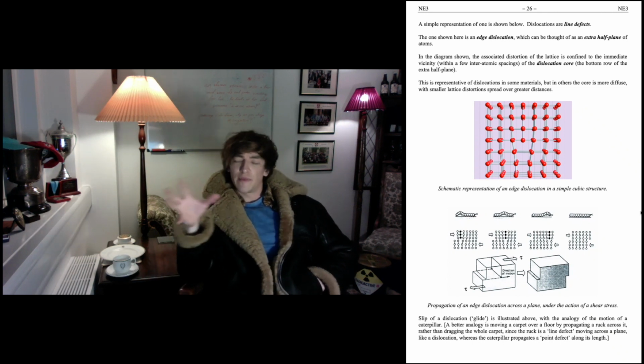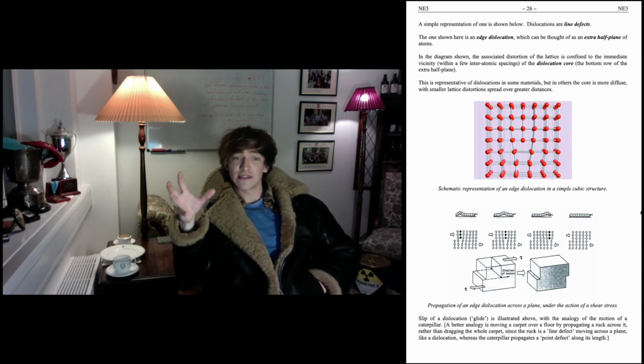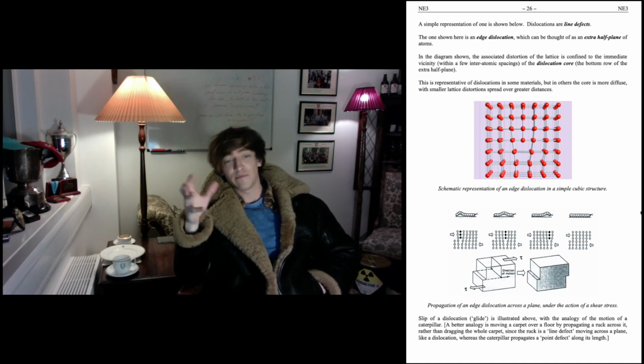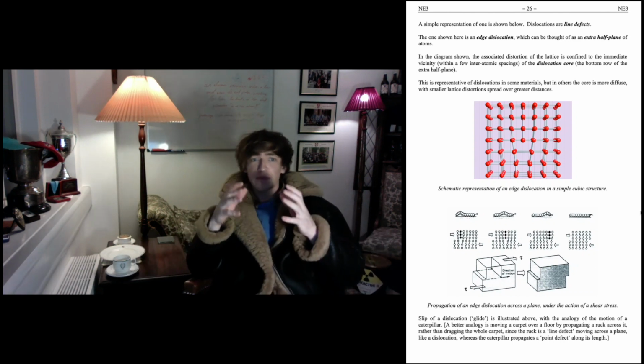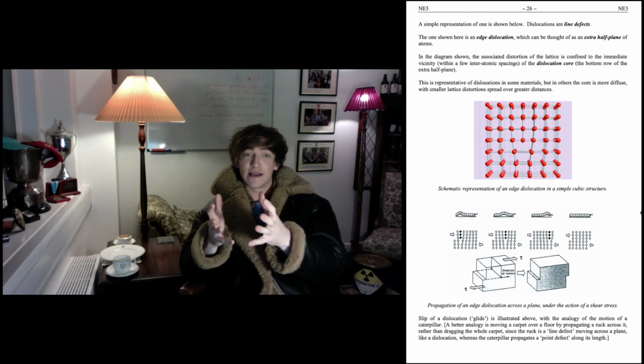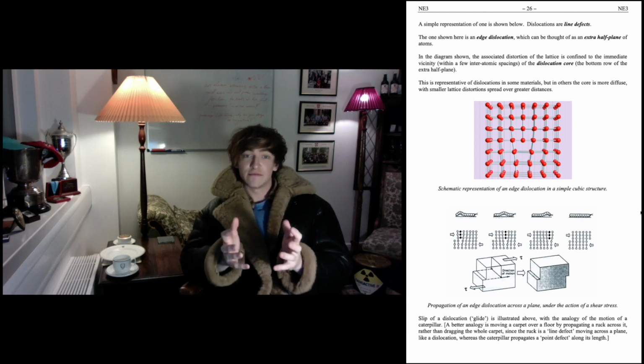Now, I've got to introduce a bit more terminology here, so I'll explain that. A dislocation line vector and a Burgers vector. Dislocations are line defects. That is, the distortion of the lattice occurs along a line. Let's take this edge dislocation that I've shown in this figure: it's the bottom row of the extra half plane of atoms.